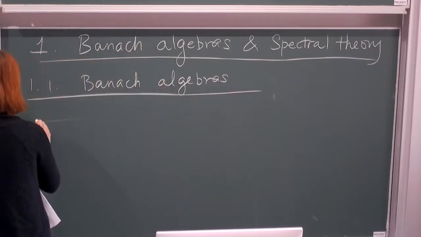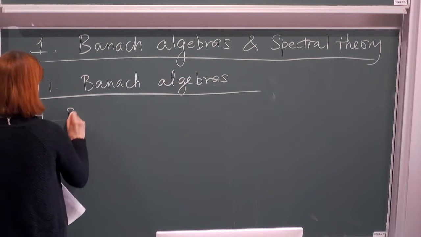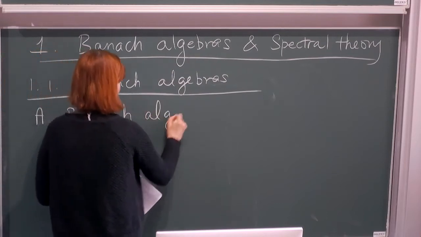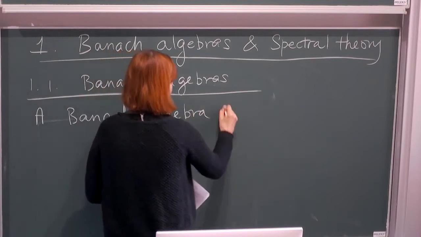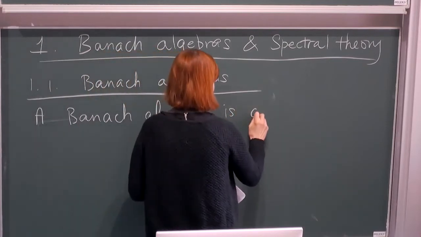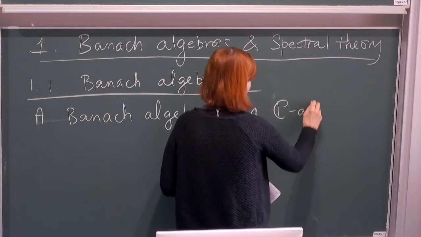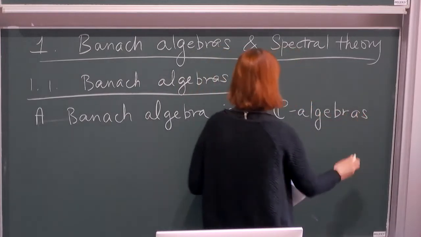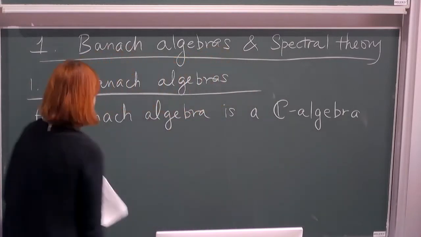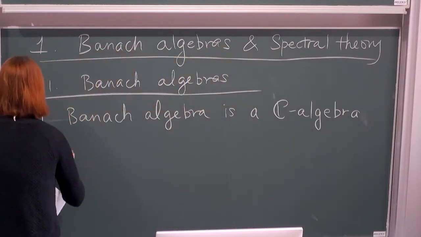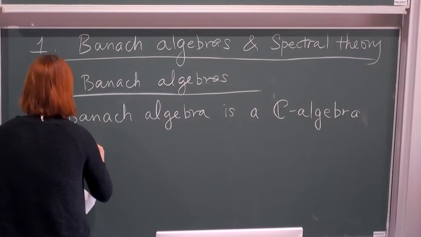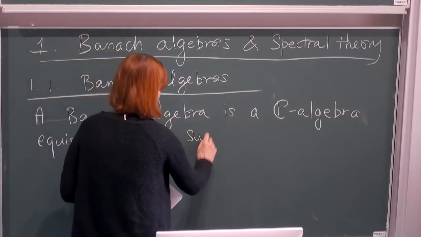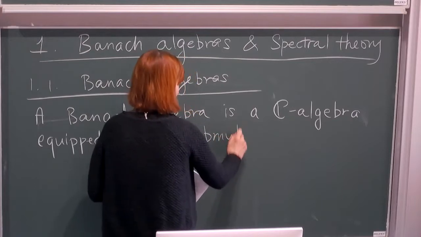So a Banach algebra is a C-algebra. All the algebras in this course are going to be over the complex numbers, equipped with a submultiplicative norm.